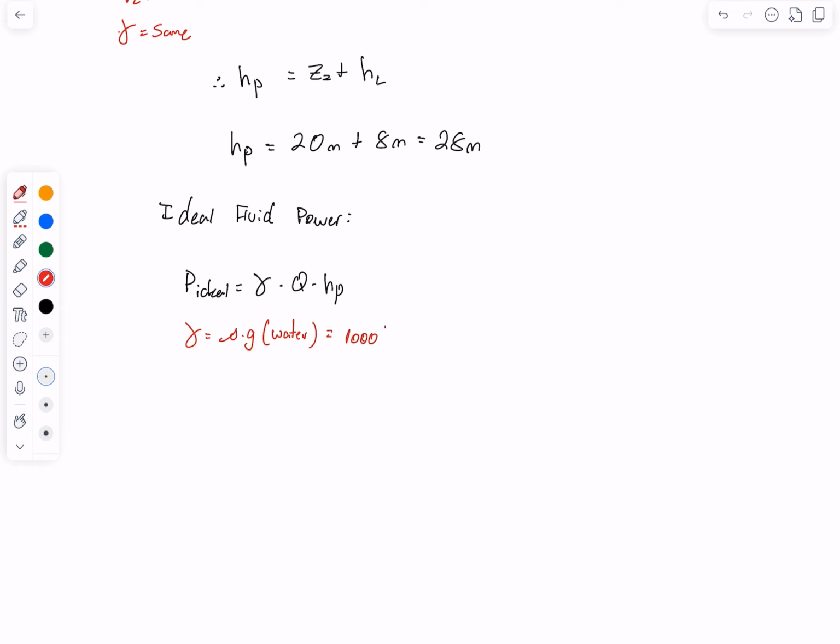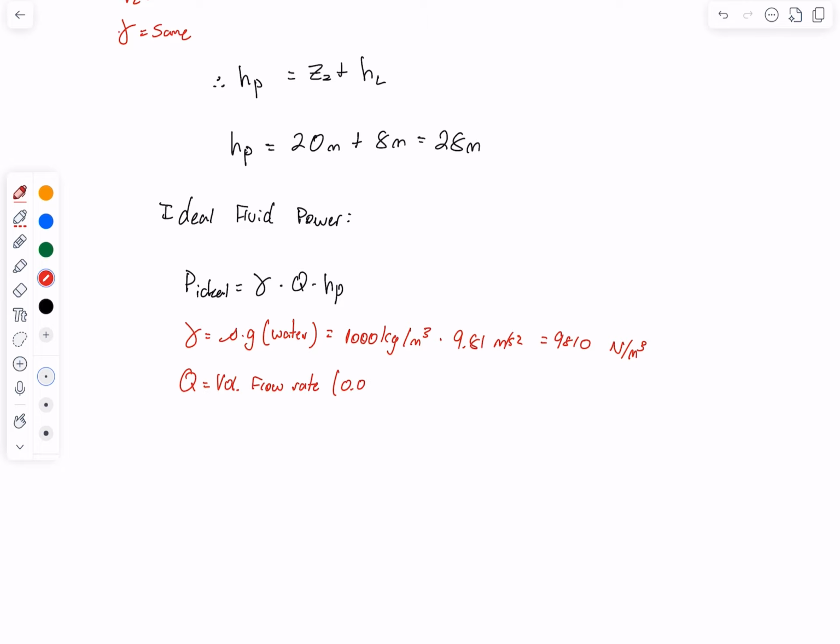So it's going to be 1,000 kilograms per meter cubed, which is our density of water, times gravity, which is 9.81 meters per second squared, which means our specific weight here is going to be 9,810 newtons per meter cubed.